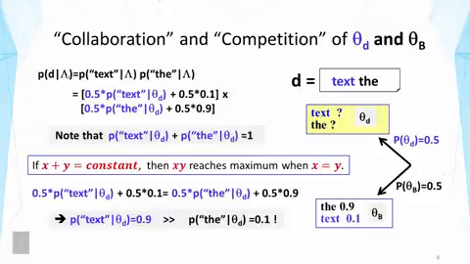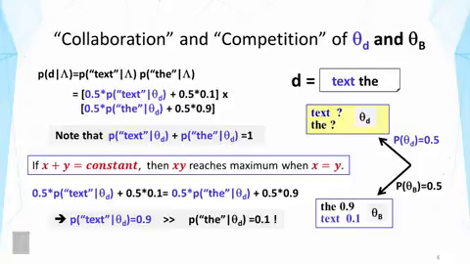And this is not the case when we have just one distribution. This is clearly because of the use of the background model, which assigned a very high probability to the and low probability to text. If you look at the equation, you will see obviously some interaction of the two distributions here.